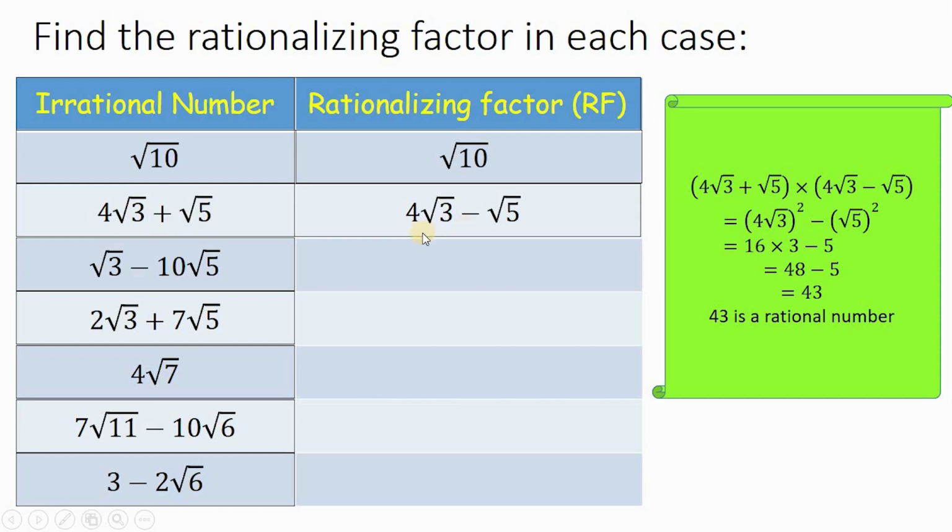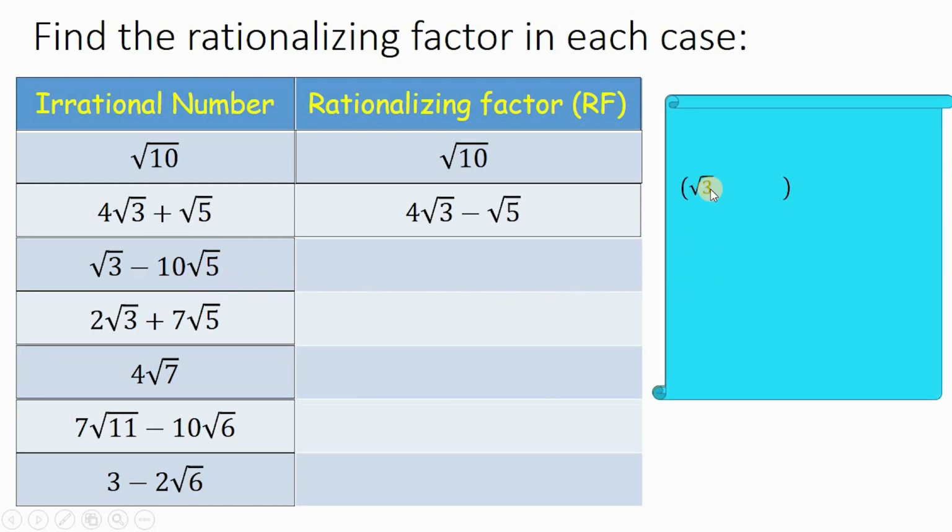Here plus becomes minus. In the third example, we have root 3 minus 10 root 5. Here again we'll try to solve it: root 3 minus 10 root 5 into root 3 plus 10 root 5. So here we are multiplying the given number with its conjugate. We'll use the algebraic identity (a minus b) into (a plus b), that is a square minus b square, that is root 3 square minus 10 root 5 whole square.